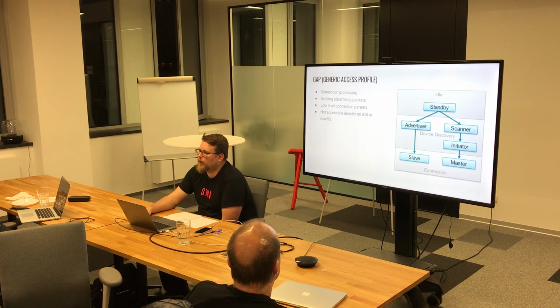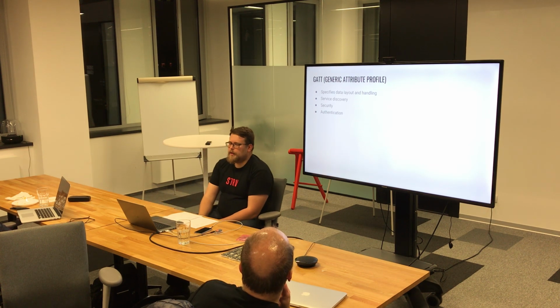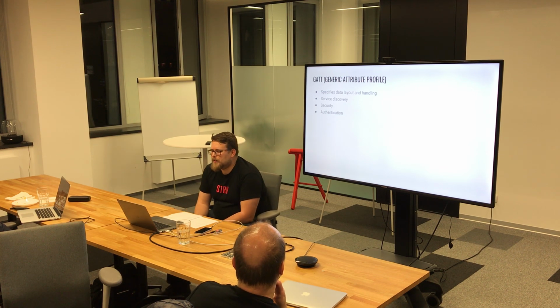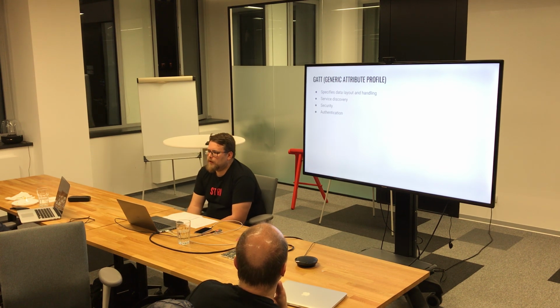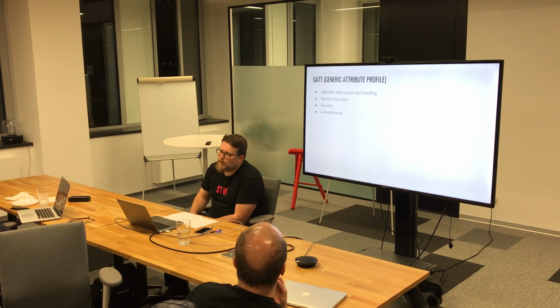So if you will be writing an actual implementation of BLE or using the implementation of CB peripheral that is on the iPhone or Mac OS, then you will have all this stuff handled for you. More interesting is GATT, Generic Attribute Profile, and this actually specifies how the data are laid out in the device and how are they handled.